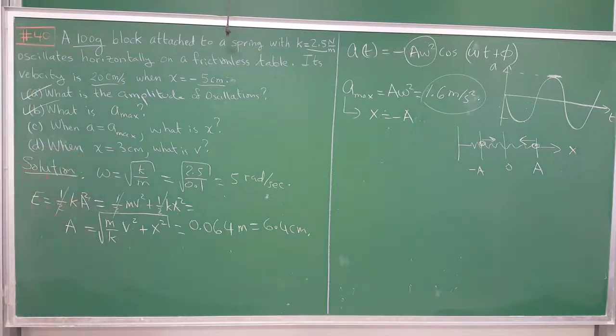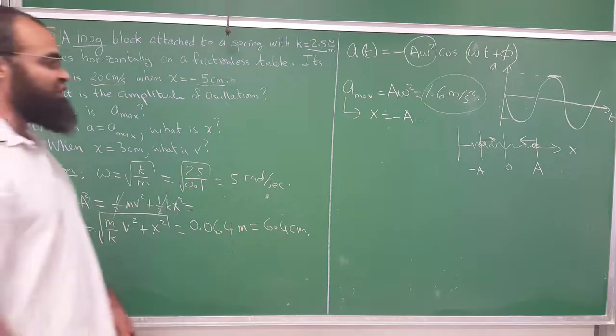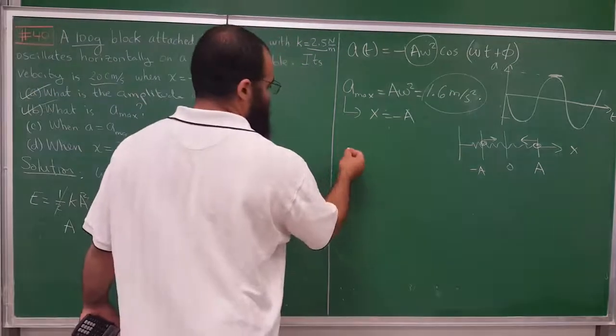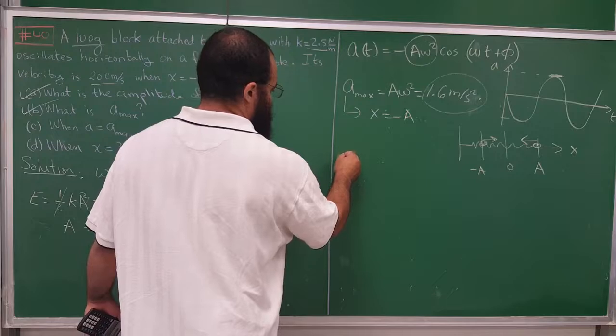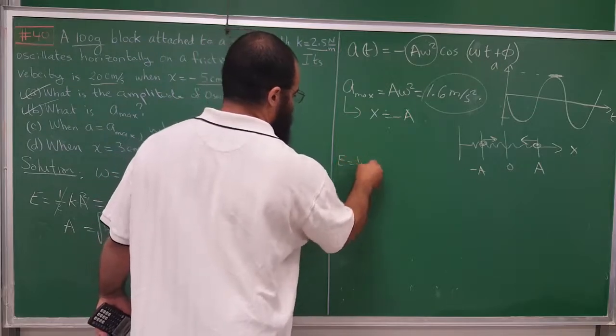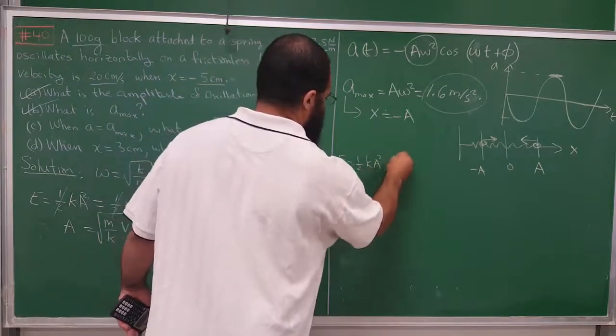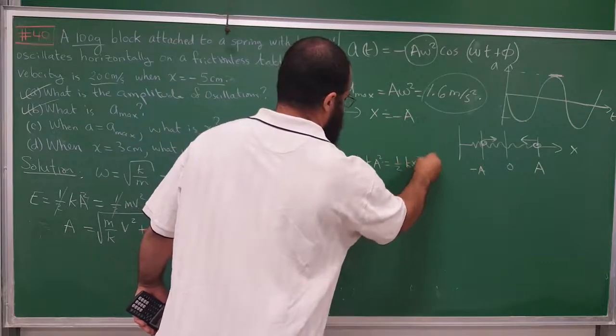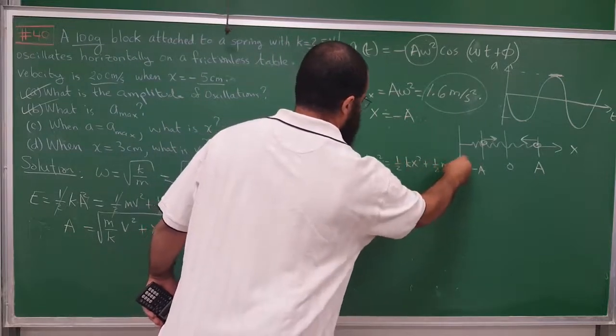And then it says when x is 3 centimeters, what is v? Well, we know again the total energy, which is 1/2 k a squared, is equal to 1/2 k x squared plus 1/2 m v squared.